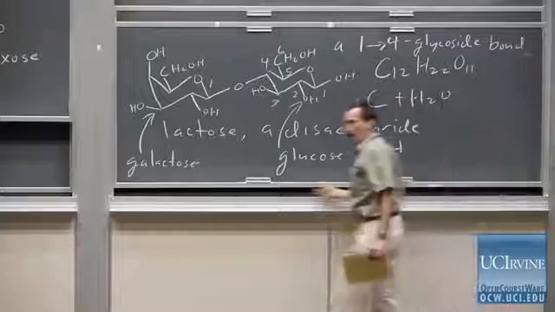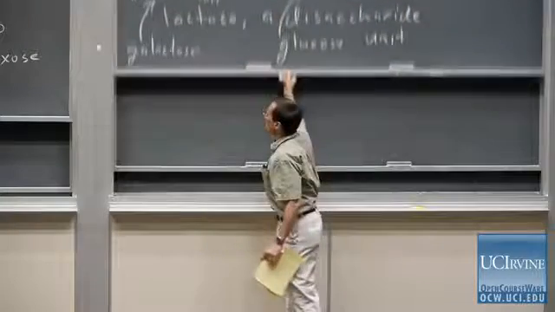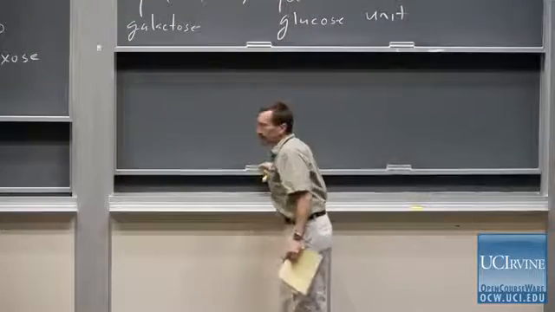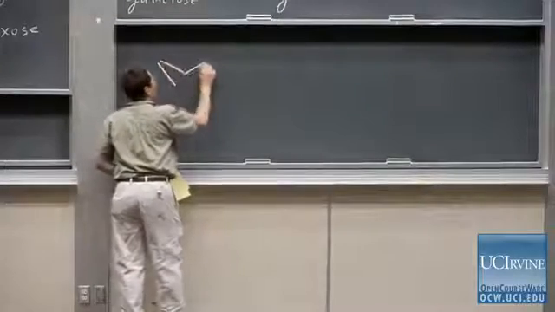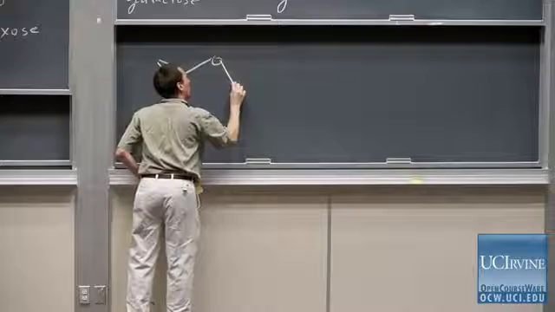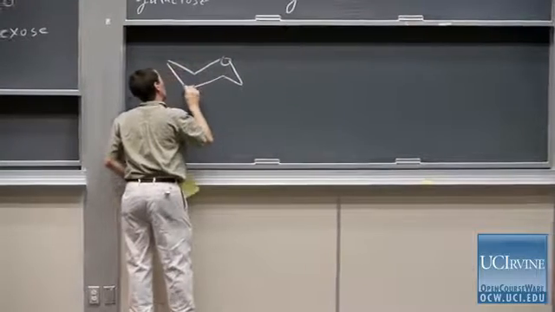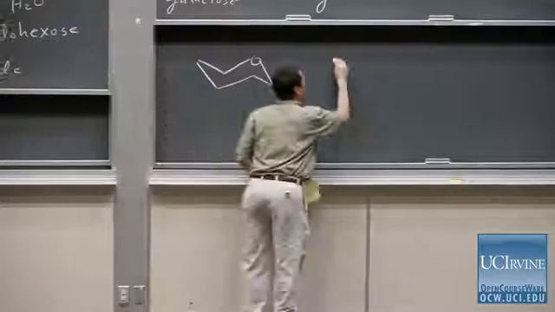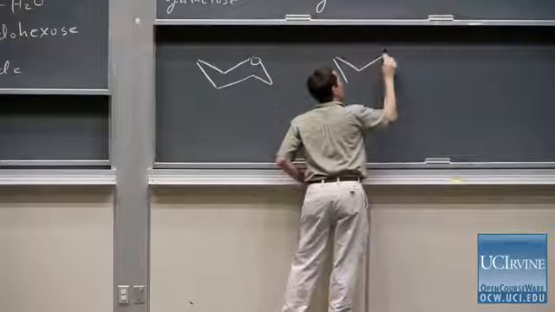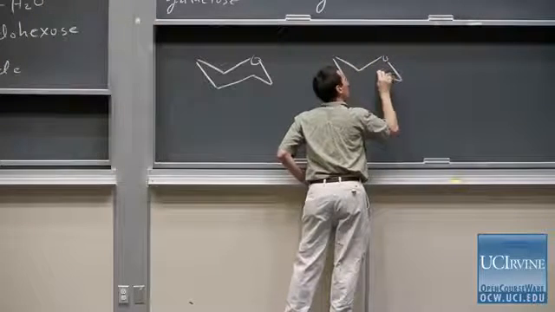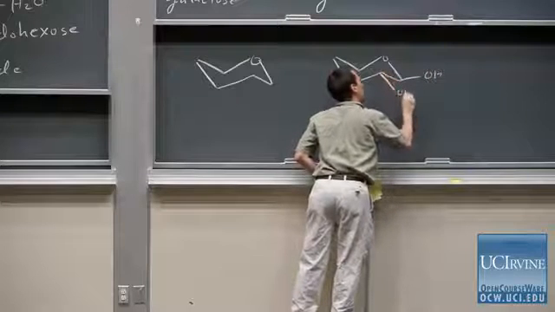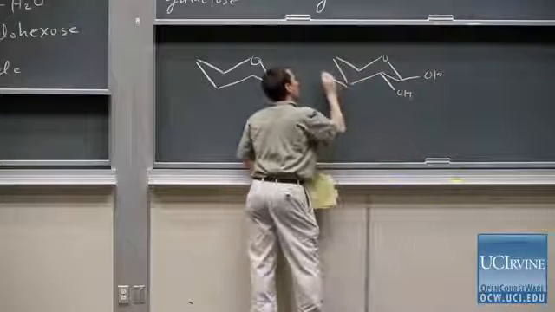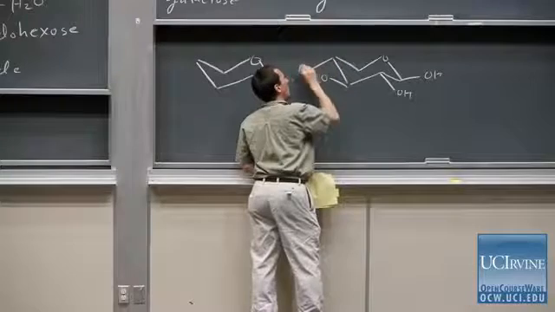I want to draw out the units, the subunits here in galactose. So I'll draw out the 2 sugar units. I'll redraw glucose again. It pays to practice a little bit in your drawings, and I've got to say I'm no artist as far as cyclohexane rings go.